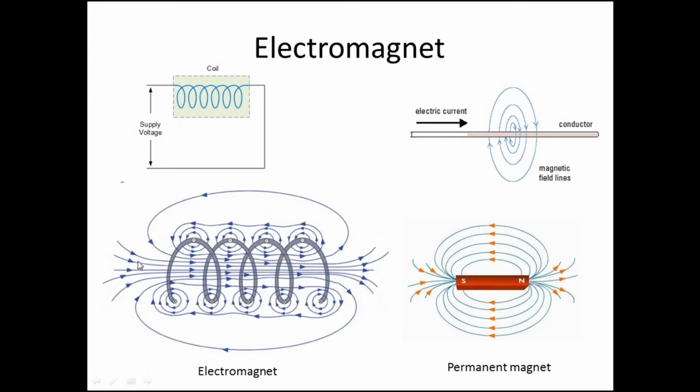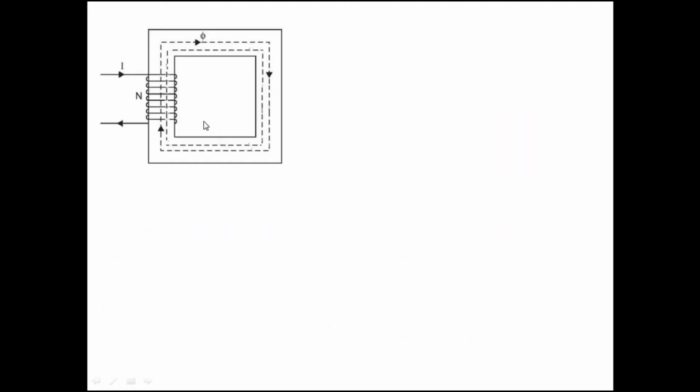And we can provide a material for the magnetic field lines to flow through, like a core. So here we are winding the coil around a core and we are passing a current I. So this will produce a flux or field lines, and it will be flowing through the core material, and the shape will depend upon the shape of the core.